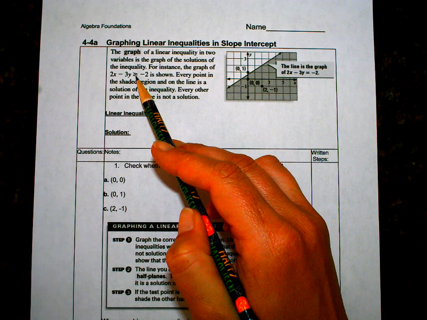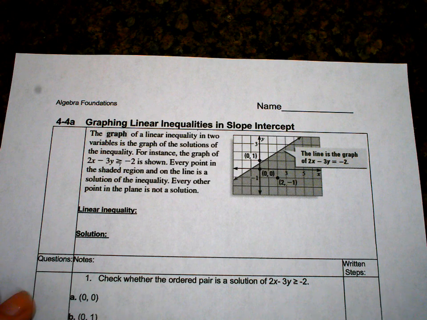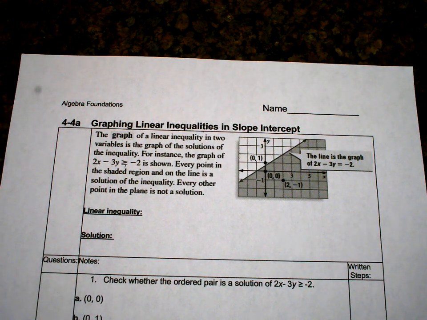In my equation, I'm going to have, instead of an equal sign, a greater than, a less than, greater than or equal to, or less than or equal to symbol. And that symbol is how I know where my solutions are.